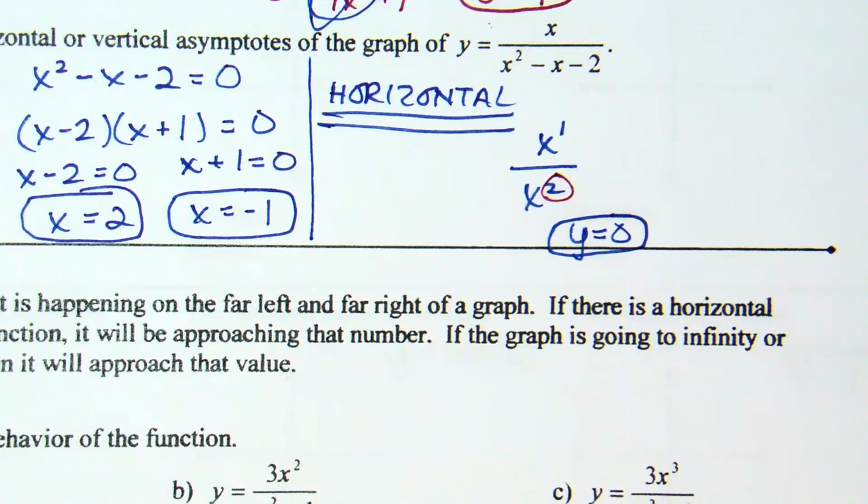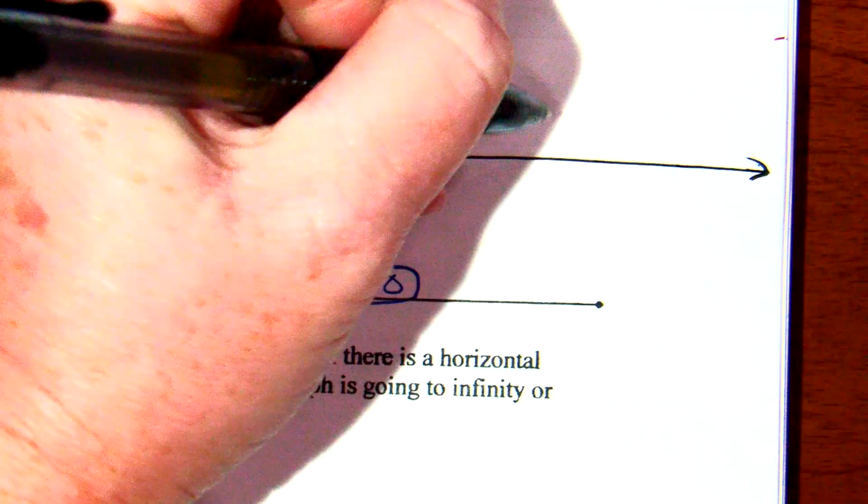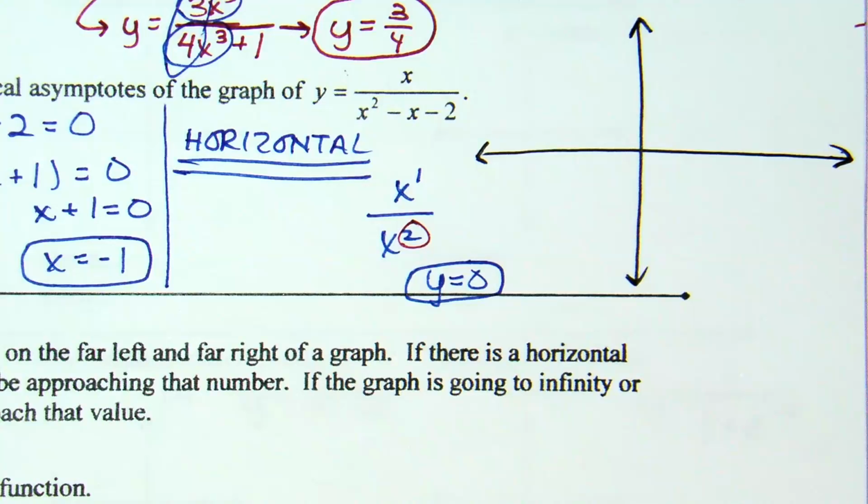I don't know if you guys have room for this or not, but what do I know that I can go ahead and label on this graph? Is it my x and y axis?